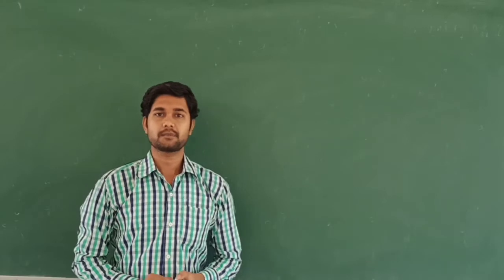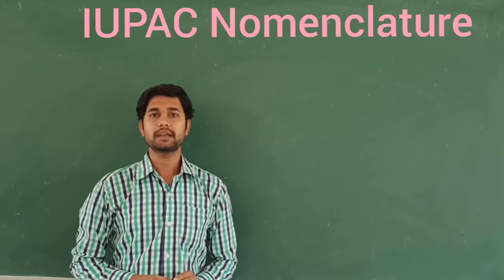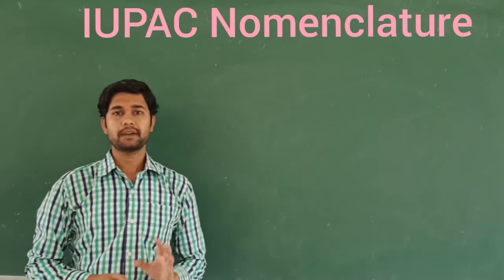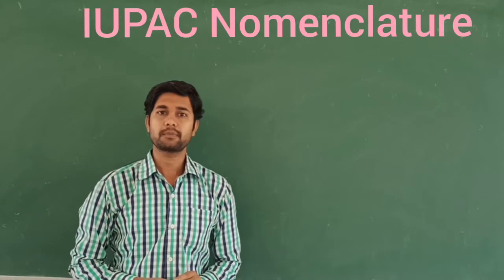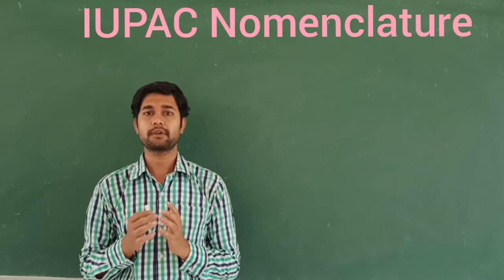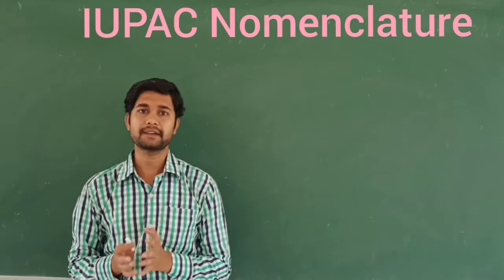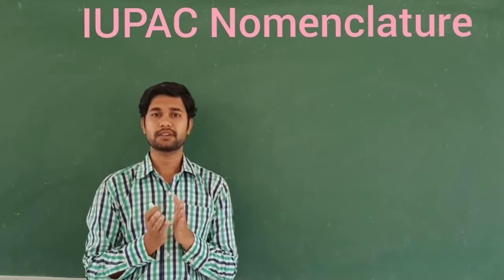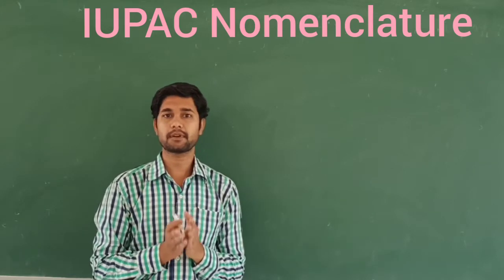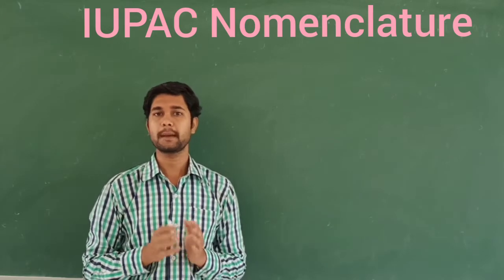Let us discuss the IUPAC nomenclature of ether compounds. In nomenclature, ethers are named as alkoxy derivatives of alkanes, and here we are going to give priority to the parent chain. I mean, whichever side of the oxygen atom contains the maximum number of carbon atoms, we call it the parent chain.